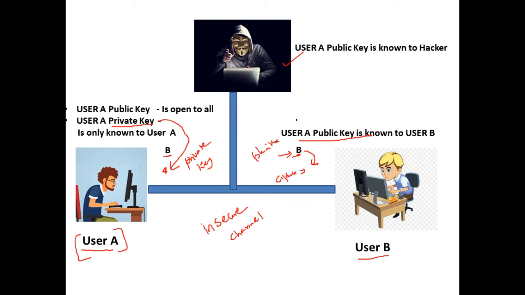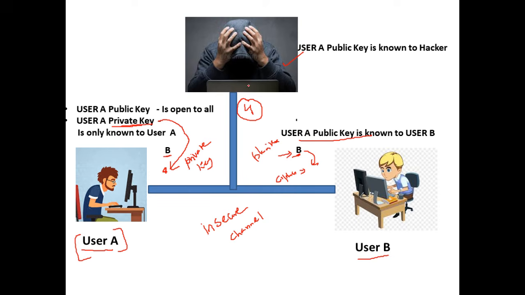This hacker will be able to see the ciphertext C, but he will not be able to decrypt it because he will not know the private key of this user. Only the private key can decrypt that ciphertext. So the hacker will not be able to get the plain text, and this kind of an encryption and decryption strategy is known as public key cryptography or asymmetric key cryptography.